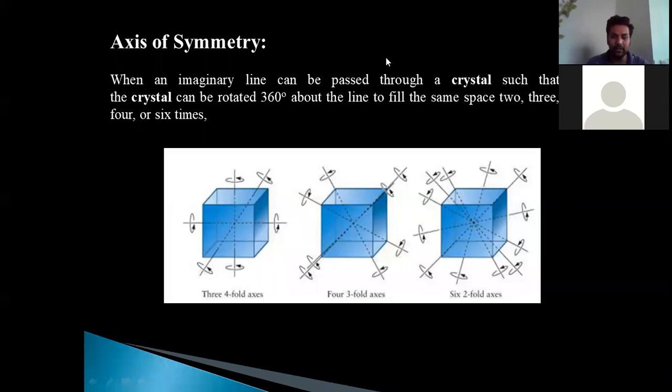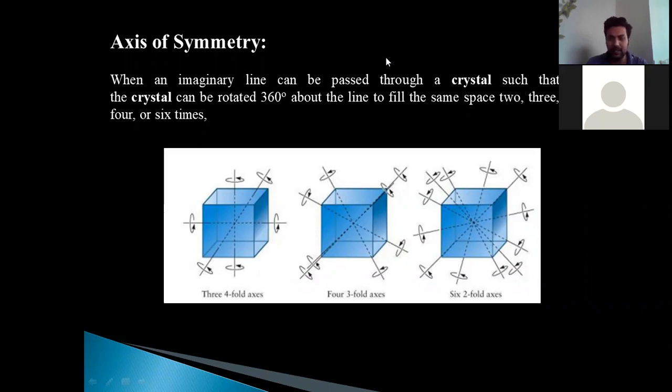Now I would like to tell you that the imaginary line which passes through the crystal can be termed an axis of symmetry only when you rotate that crystal around that line up to 360 degrees, and the face which you have used as a reference face repeats itself twice, thrice, or 4 or 6 times.